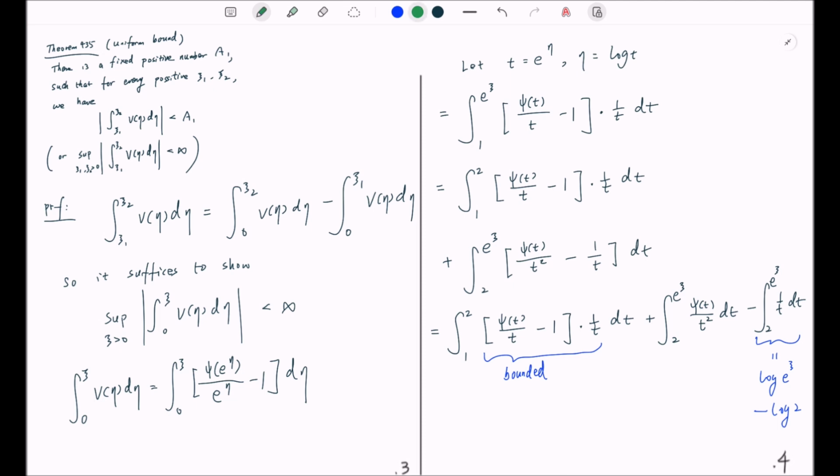What is really interesting is this middle term. This is something that we have seen before. Specifically, this is equation 22.6.1.